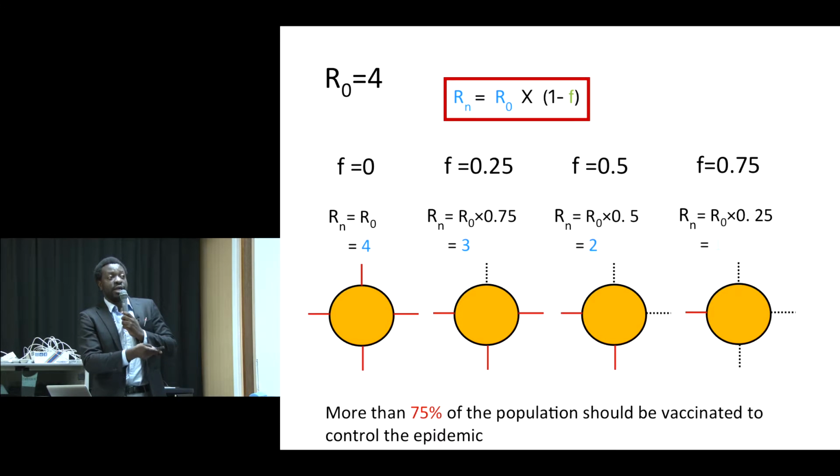And when we increase to 75%, it can transmit infection to only 1 person. So this means that if we give more than 75% as vaccination coverage, we will stop the transmission with an R naught of 4.